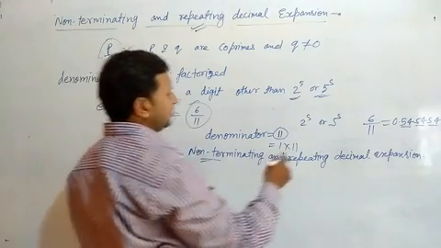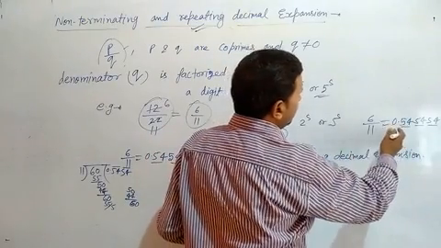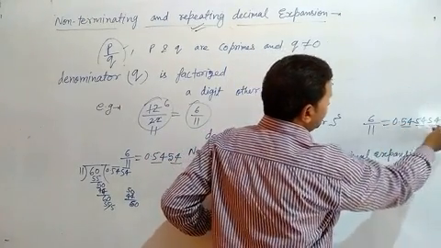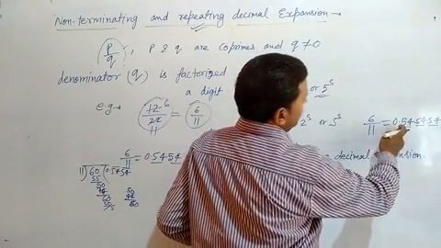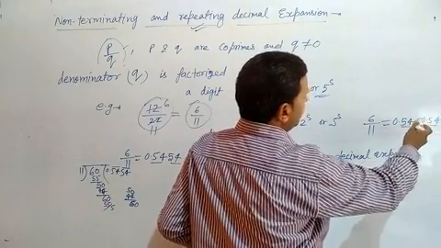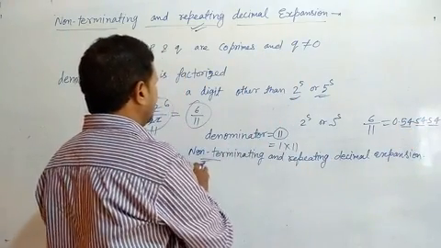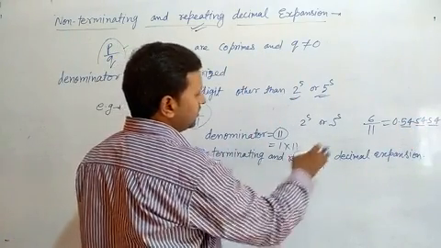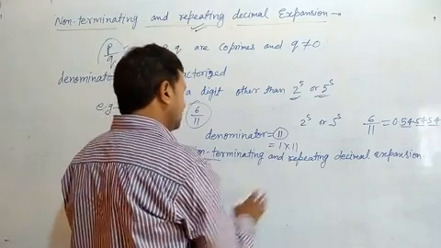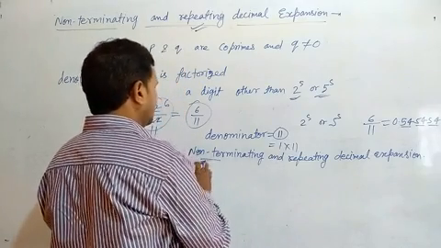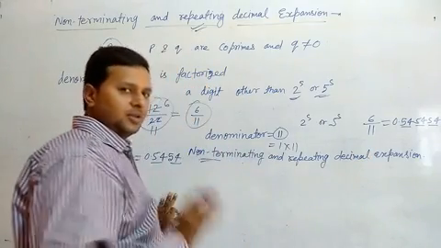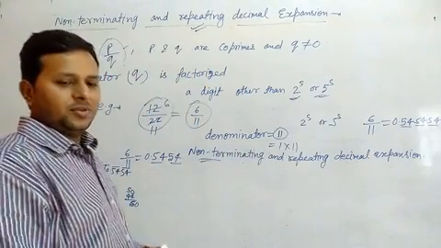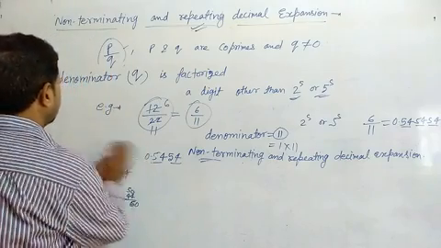After dividing, we can find whether it is repeating or non-repeating. If non-repeating, then it is non-terminating and non-repeating. But here it is repeating, so we say non-terminating and repeating decimal expansion. Okay, we start our exercise.